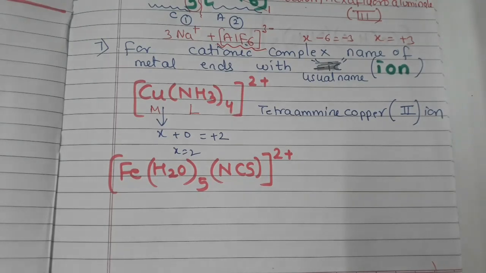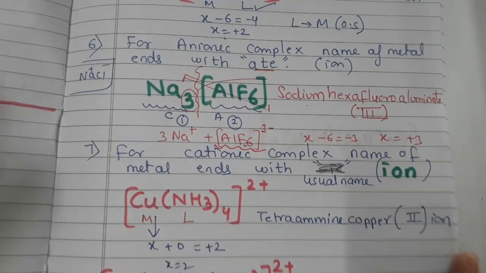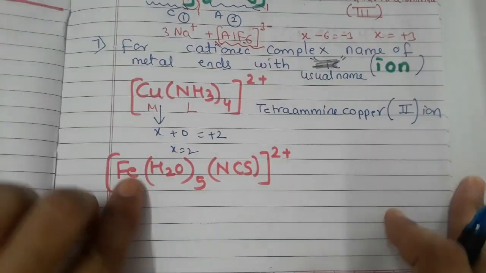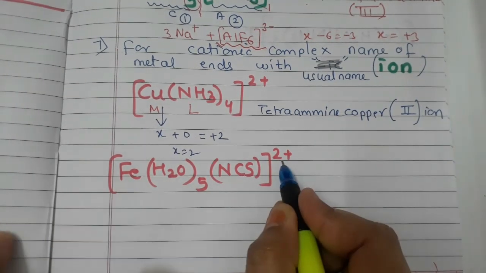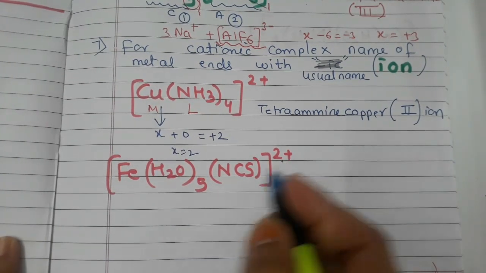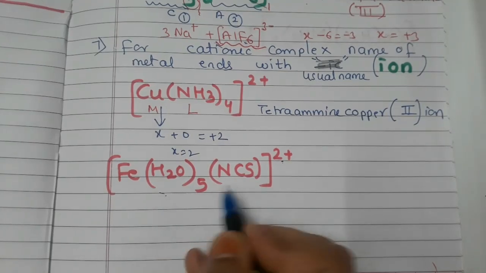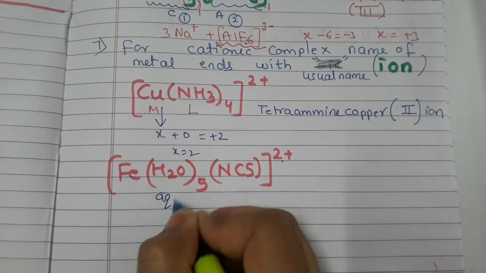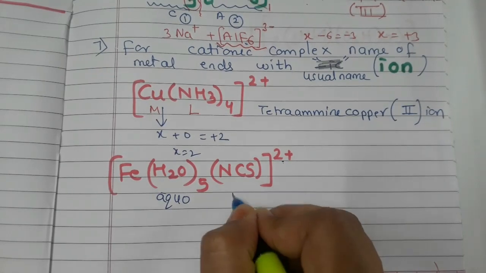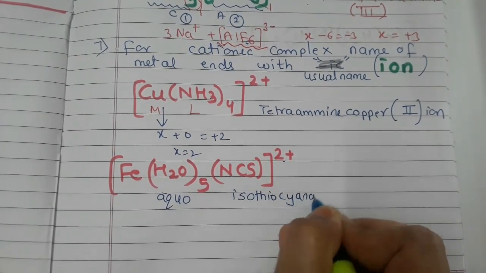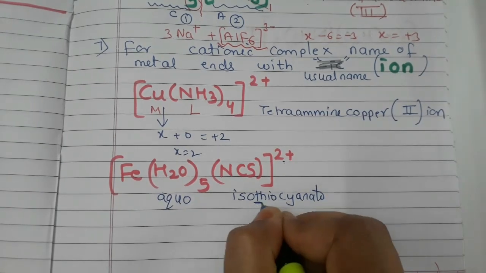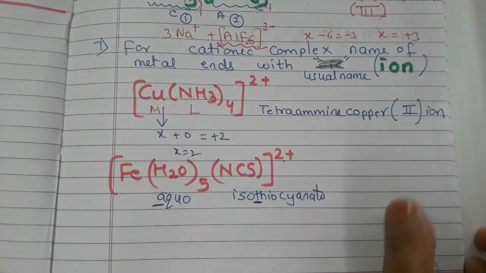Okay. Now we will go to the last example under this rule. So we have over here a cationic complex, but we have two different ligands. Here we have aquo and here we have isothiocyanato. You have to look at this T and look at this A. A comes first.